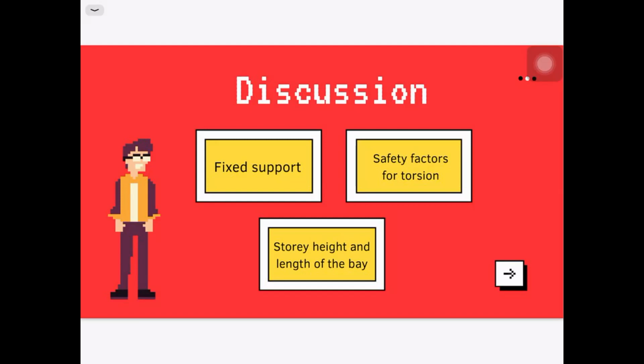Moreover, failure due to torsion at the column is really hard to occur. Therefore, the effective moment of inertia is 0.35 I for the beam, and 0.7 I is used for the column.